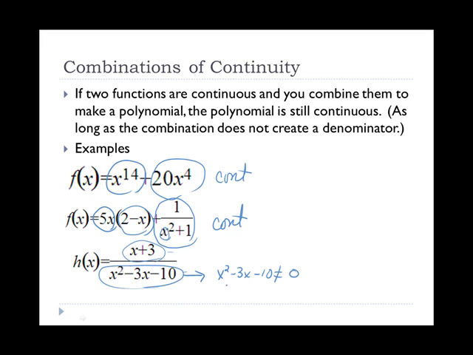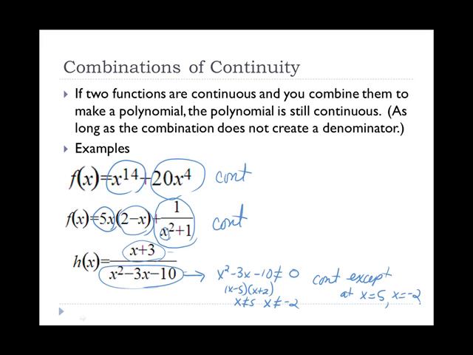And so if you factor that, you get x minus 5 and x plus 2. And so x cannot equal 5, x cannot equal negative 2. So this function is continuous except at x equals 5 and x equals negative 2.